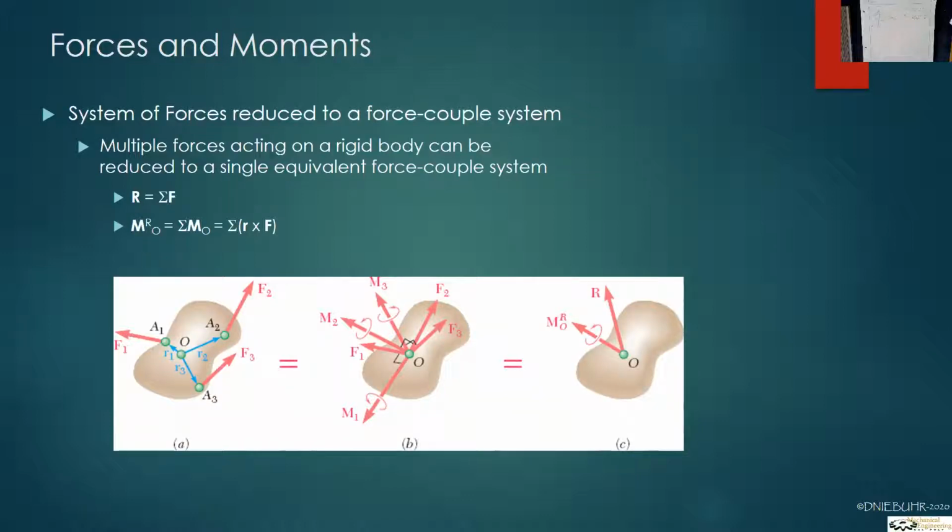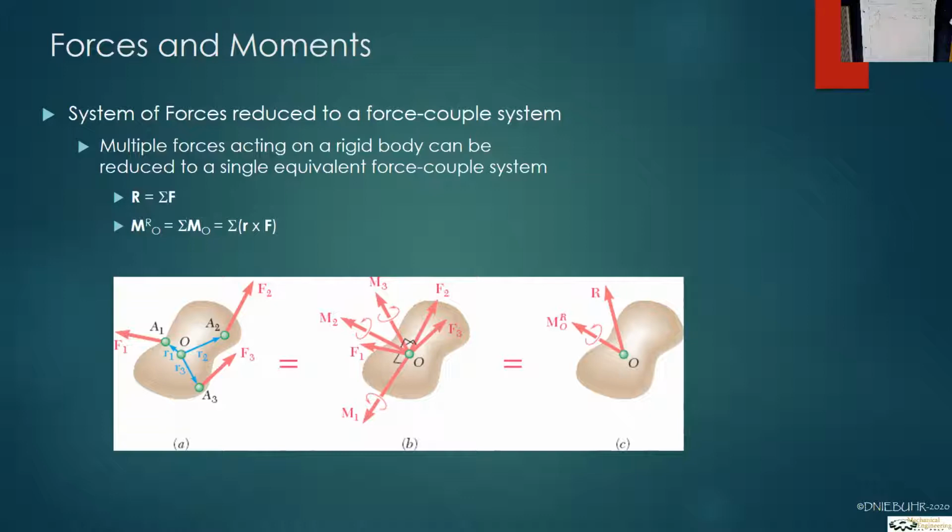So the easiest way to do this is first sum the forces. The resultant, because again, we're finding an equivalent force couple system, which has two answers. It has a force and a couple, or a moment, synonymous. So first we just add all the forces together.